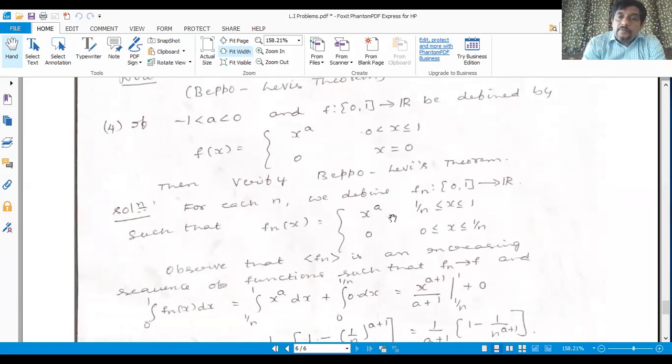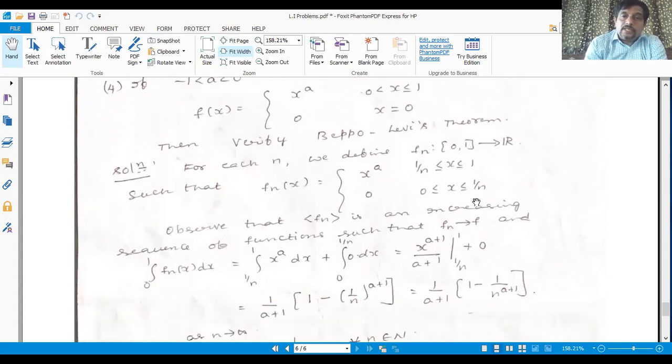For each n, we define fn mapping from [0, 1] to R, the given interval. fn(x) = x^a for 1/n ≤ x ≤ 1, and 0 for 0 ≤ x ≤ 1/n.